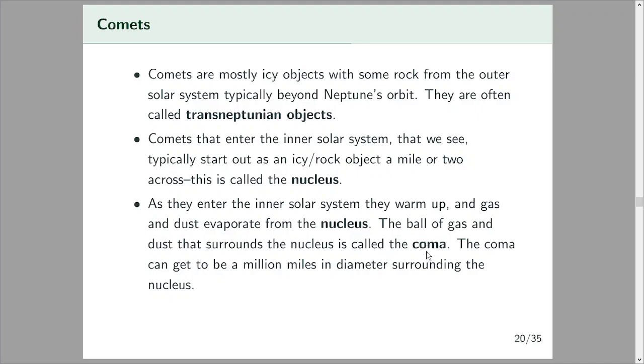It develops this coma around it, which is just a fuzzy ball of gas and dust surrounding the comet. It can get to be 1 million miles or more in diameter, this coma. Now remember, you're just starting out with a mile or two of ice and rock, but it can expand out into a very diffuse ball, and we'll see pictures of them.